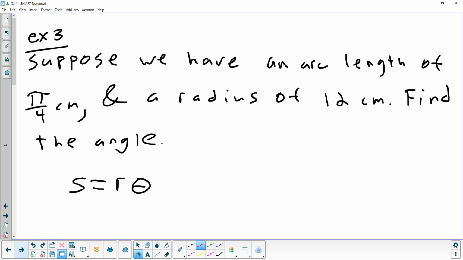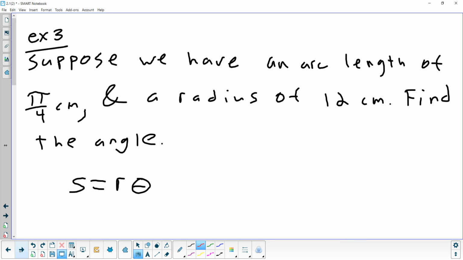Jody, what's different about this one? This one's a little different than the first 2. Yeah, we're going to solve for the angle, for theta. We're not solving for the arc length this time. You're giving that to me.